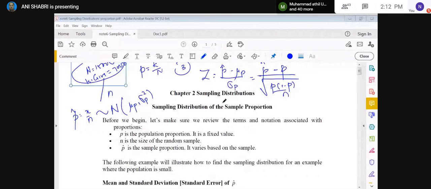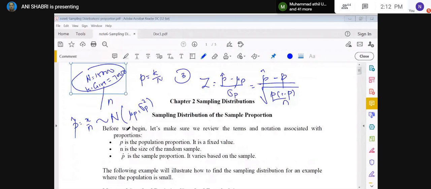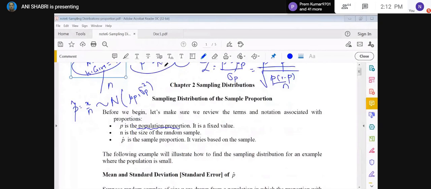This is the sampling proportion. Look at the symbols. P is the population proportion, K divided by N. P hat is the sample proportion.